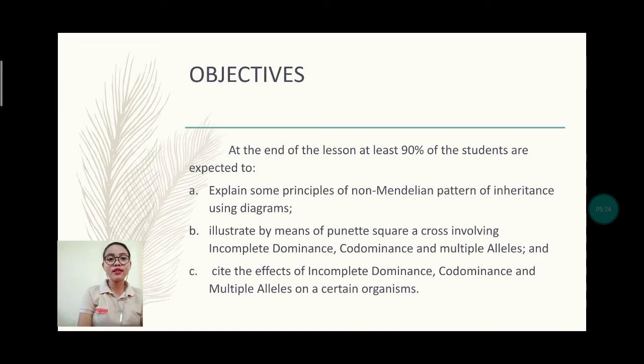The first one is explain some principles of non-Mendelian pattern of inheritance using diagrams. Next, illustrate by means of Punnett square cross involving incomplete dominance, codominance, and multiple alleles. And lastly, cite the effects of incomplete dominance, codominance, and multiple alleles on a certain organism.